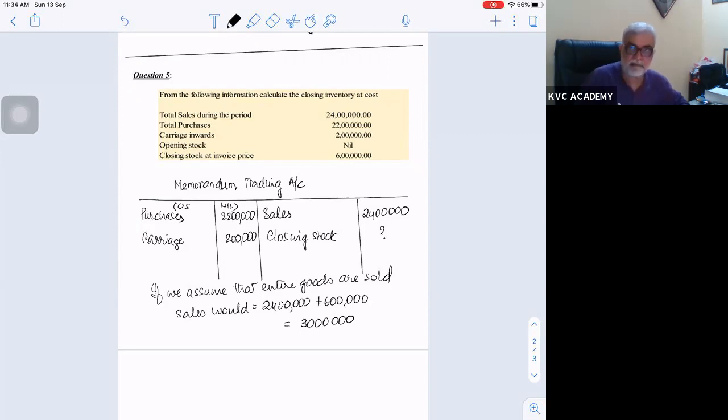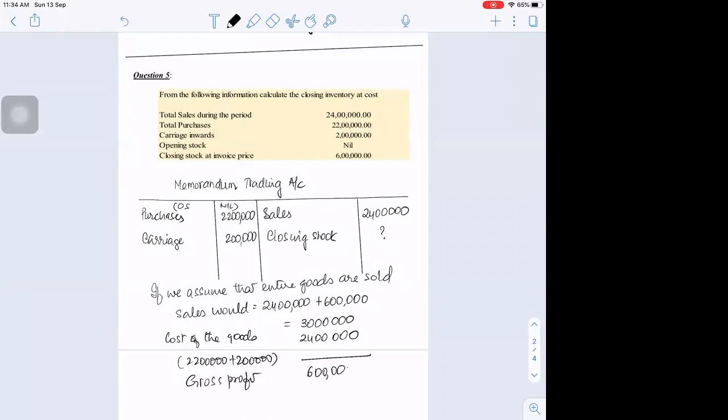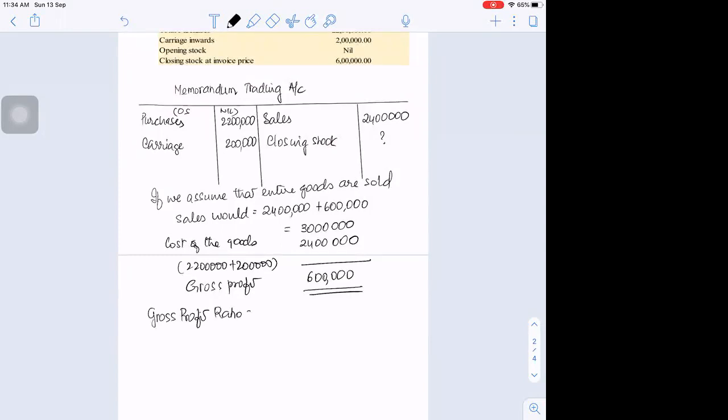Correct? Now, the cost of the goods is 24 lakh. 22 plus 2. So what is the gross profit? 6 lakh. 6 lakhs. Okay. So now what is the gross profit ratio on sales? 20%.